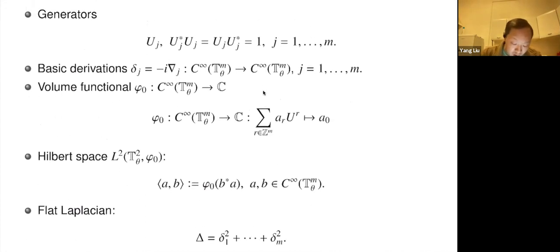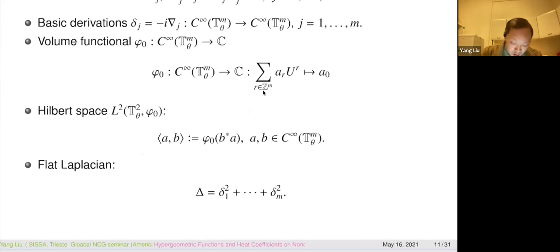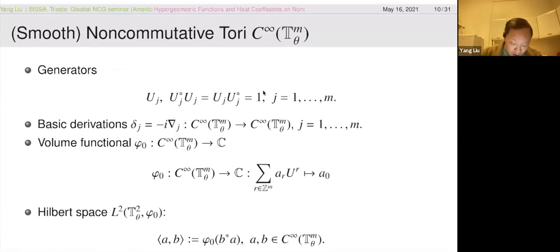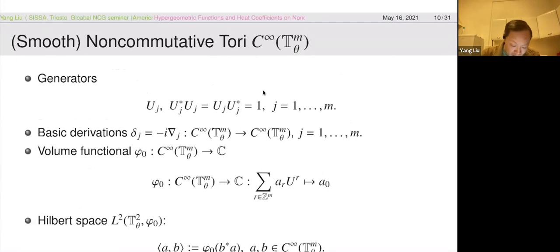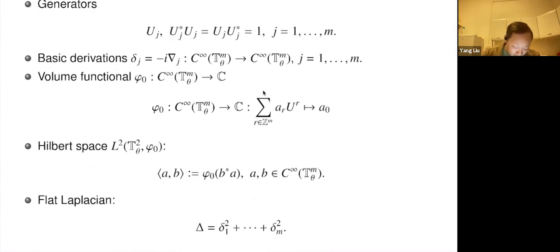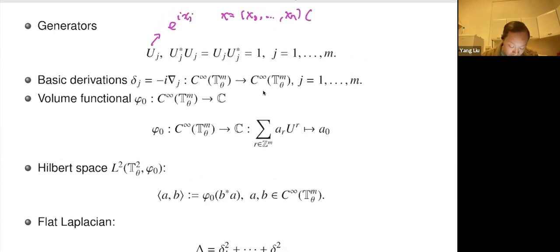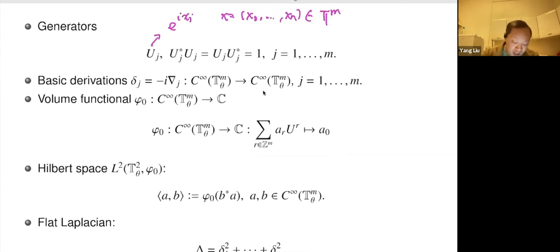This algebra of non-commutative tori is generated by unitary elements. You can think of this uj as the functions e to the I xj, where x1 through xM are the coordinates of the M torus.